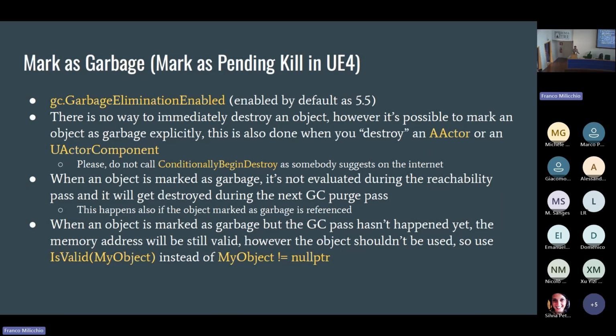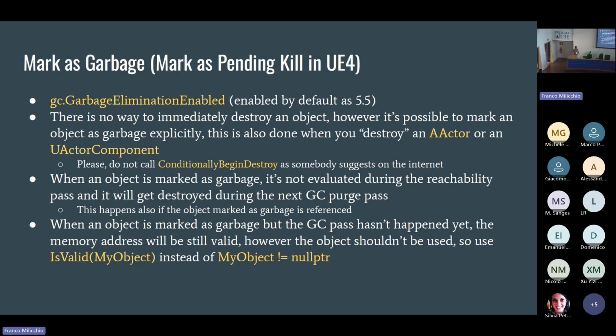That can cause, again, pain and troubles. When an object is marked as garbage, it's not evaluated during the reachability pass, and it will stay as unreachable. So it will be destroyed no matter what.